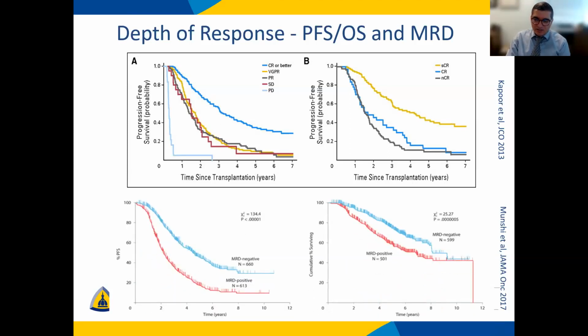And so in this very nice meta-analysis that was initially published by Nikhil Munshi and colleagues in JAMA Oncology in 2017, and then there were follow-up studies as well that have shown numerous. They looked at this test that people have heard of and are here to hear about, which is MRD. And they're like, if we take a very deep look at what's in the bone marrow and take our more sensitive tests, does that really make a difference from what we have traditionally seen?